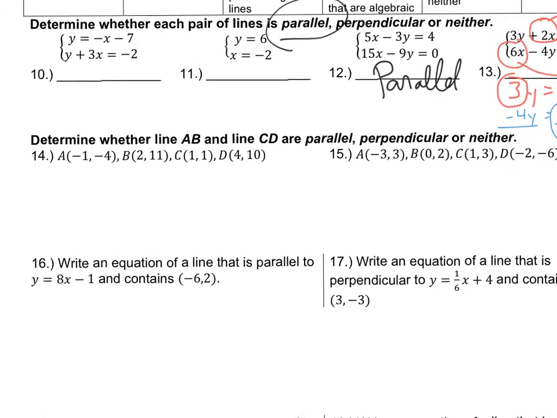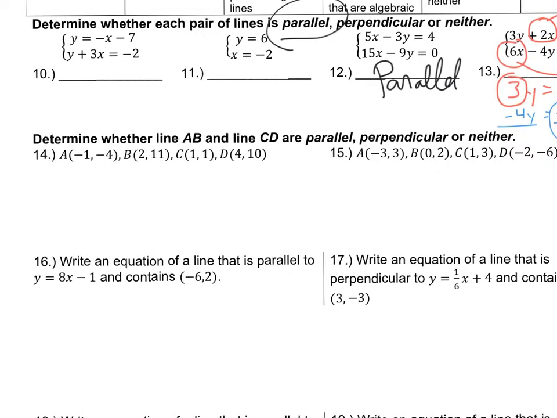For number 14, moving right along, we need to compare slopes to decide once again. So for this equation, we want to find the slope of AB, and we do that with the subtraction fraction, as we called it. I find my y values, that's the second number in each pair, and I will start with point B right here.